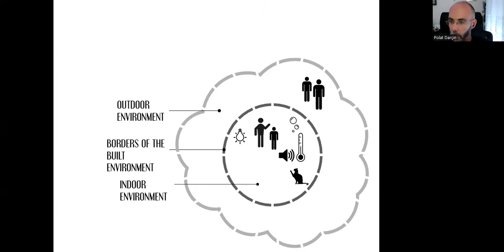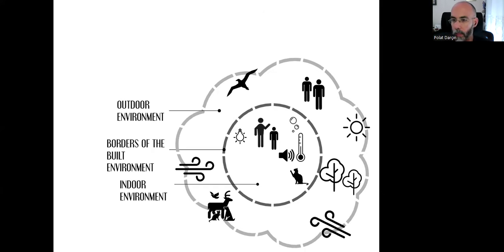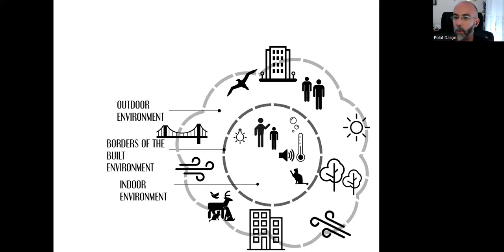And this whole system is surrounded with the outdoor environment, and there can be other human beings, other living creatures, plants or animals, wild animals, domestic animals. There will be non-living things, physical things like the sun, the wind, or other man-made environments like the villages or other buildings or airplanes or vehicles.